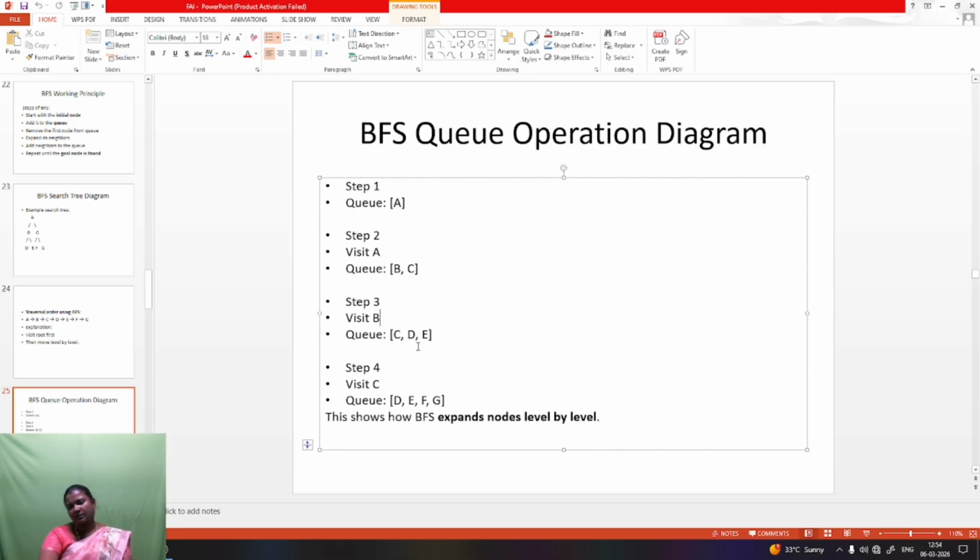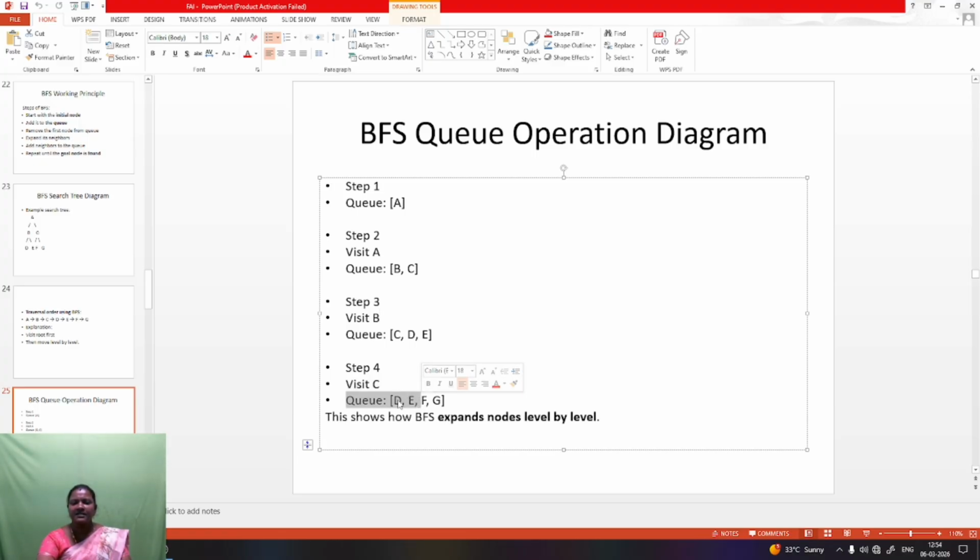A queue data structure follows the first in first out manner. So the nodes which come first are treated with first priority. Then in step 4, we have to visit C.